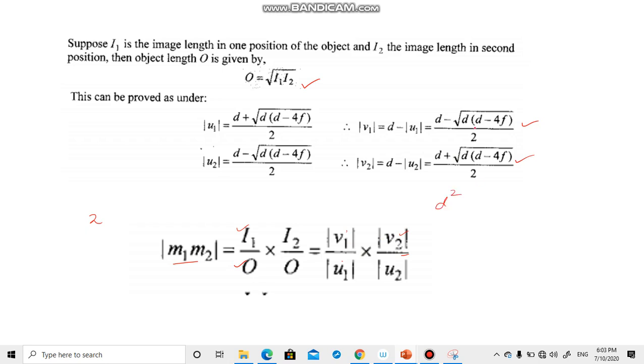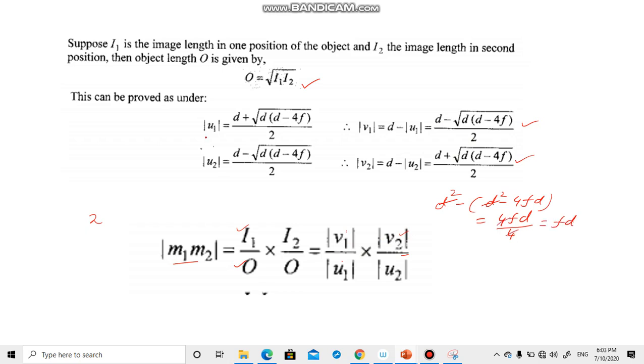This term square will be D square minus 4FD, right? Here D square cancels, and you are left with 4FD. This is the numerator part. In the denominator, we get 2 into 2, which is 4. So finally you get FD. Anyway, we are taking the mod value.